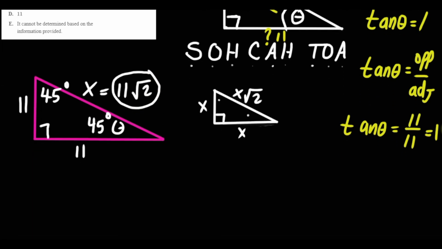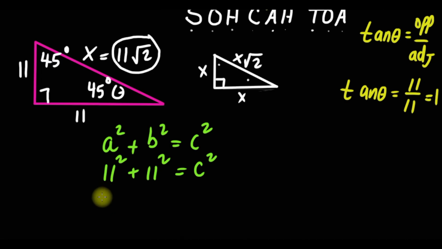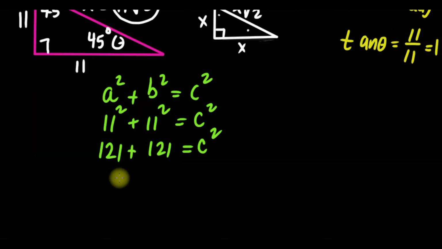If you were to use the Pythagorean theorem, let's say we use the Pythagorean theorem to work this out. So that would be a squared plus b squared is c squared. Okay, so a is 11. So that would be 11 squared plus 11 squared again is c squared. 11 squared is 121. Okay, so adding these up is going to give us 242.